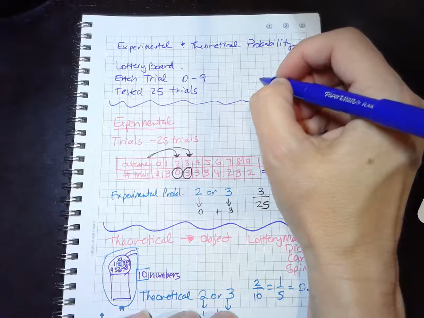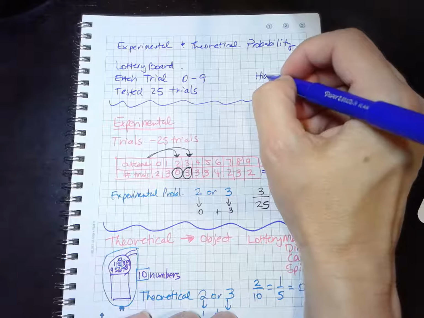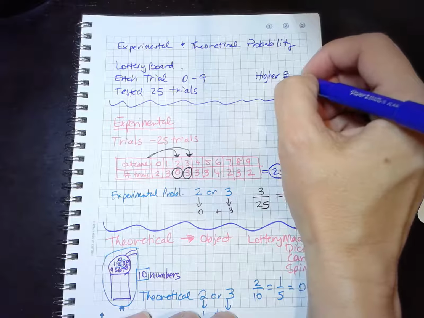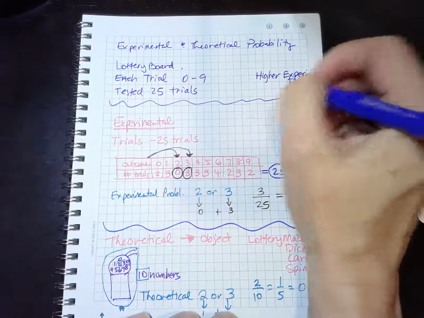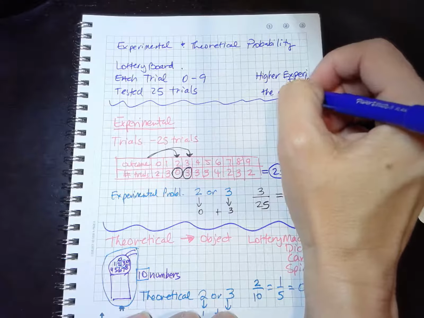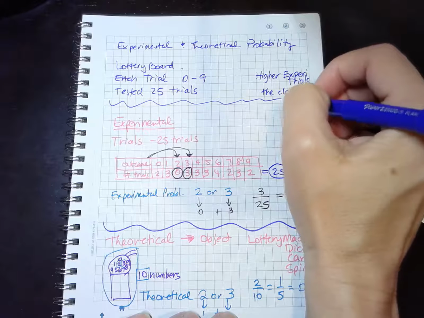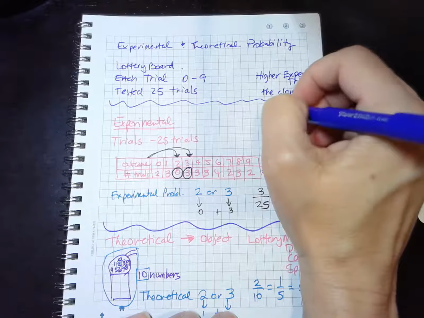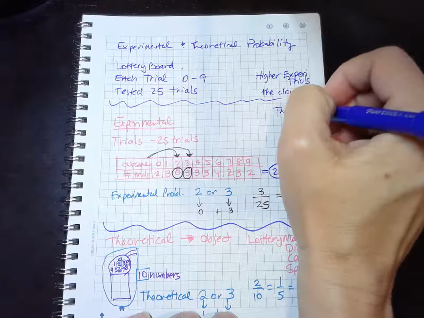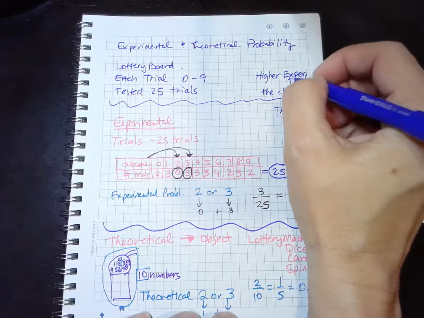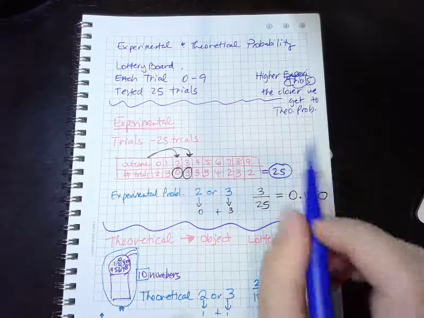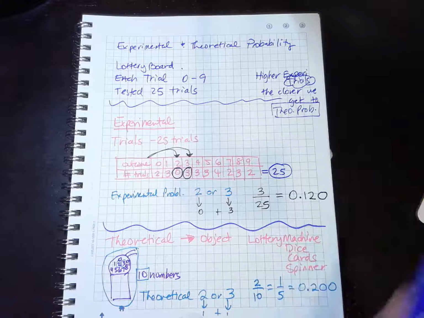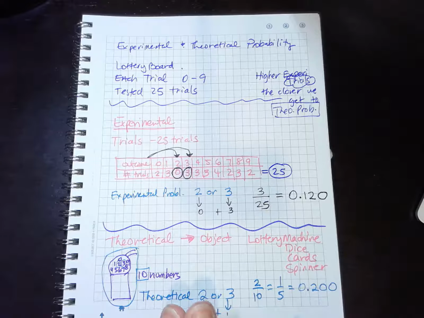So the higher our number of experimental trials, the closer we get to the theoretical probability. So the more times we try something, if we have 1,000 trials, we should get closer to our theoretical probability. Typically, they're never going to be the same.